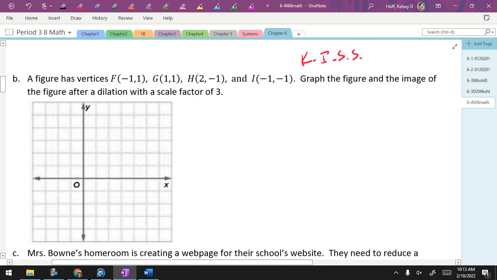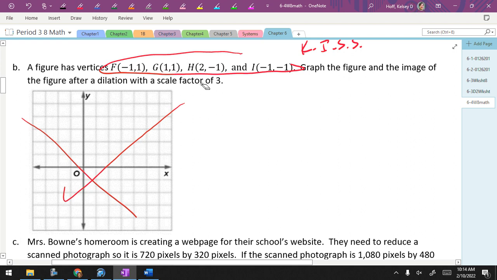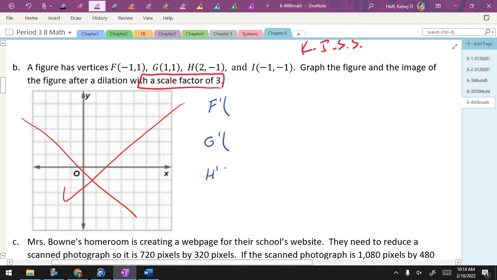Okay, now I know your graph isn't good. So are you good if we don't graph this? Because normally you'd graph these points and then you'd graph after the dilation. So I want you guys to find me the points after a scale factor of 3. Don't worry about the graph because I know the graph is tough. It did not copy well. You did the last one.